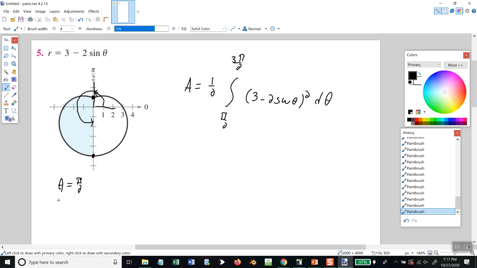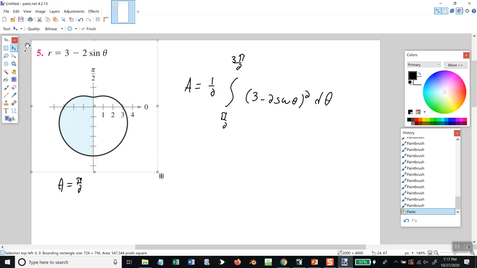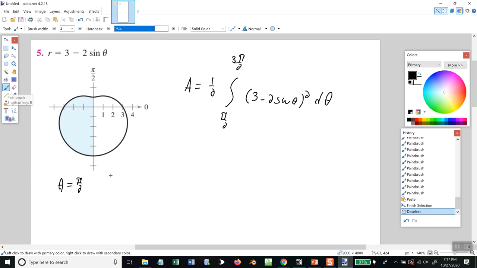I butchered it. Okay, so if I look at pi over 2, if I plug that back in my original problem, r is equal to 3 minus 2 sine of pi over 2. 3 minus 2 sine pi over 2 is 1. 2 times 1 is 2. 3 minus 2 gives us 1.